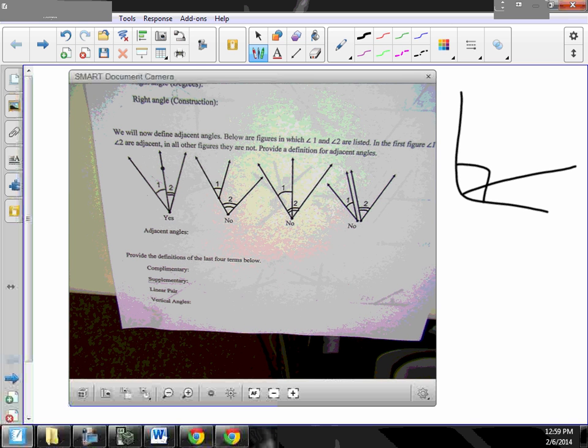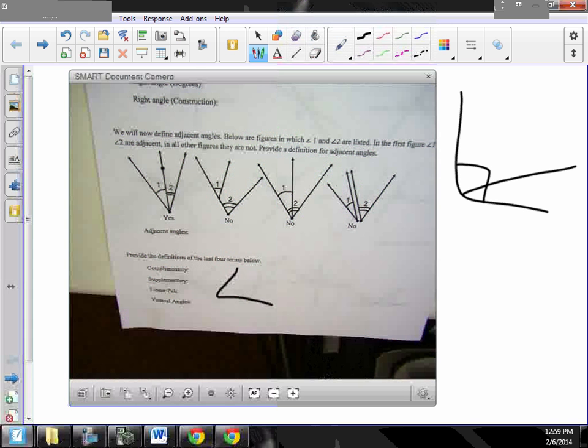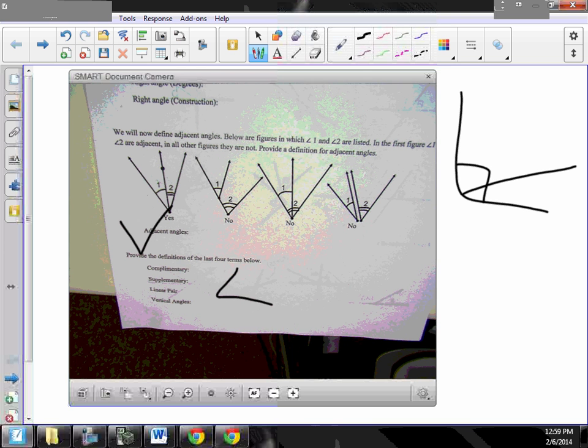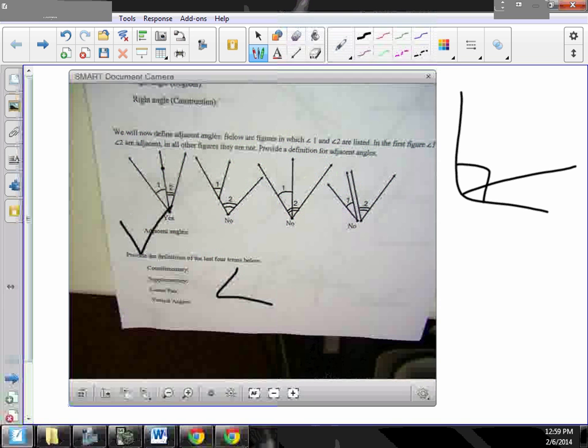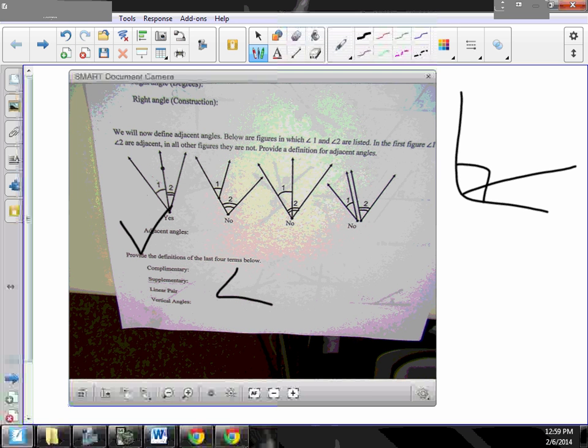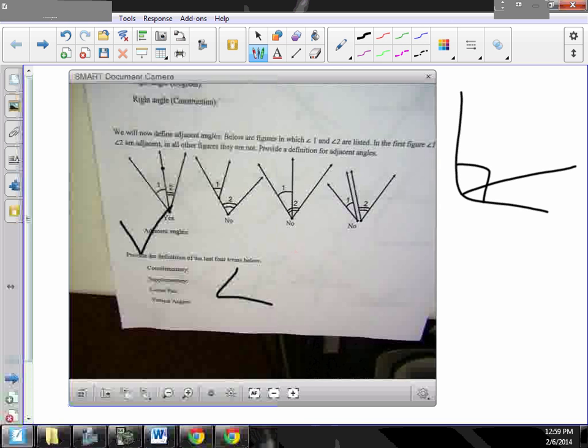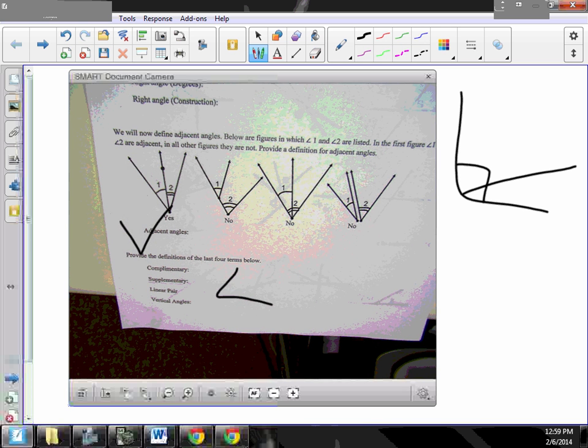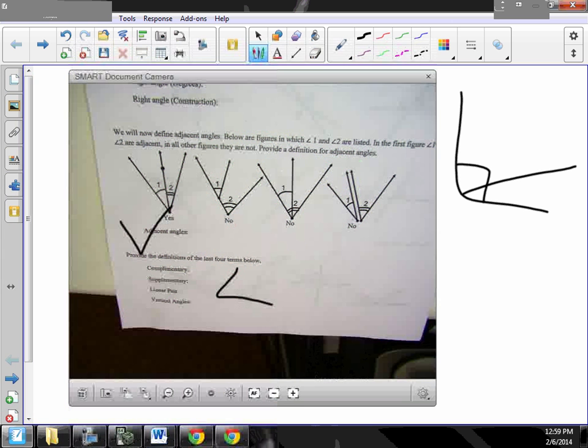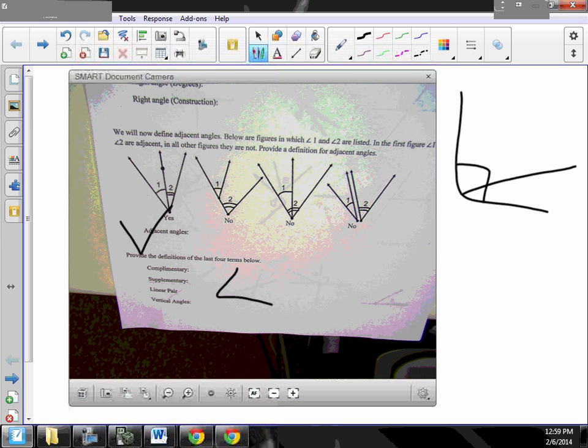So if I just had a random 30-degree angle and a random 60-degree angle, and they add to 90, is that worth knowing? So should we put that in there? Okay, you have forgotten the cardinal rule of writing definitions. Do I need it?